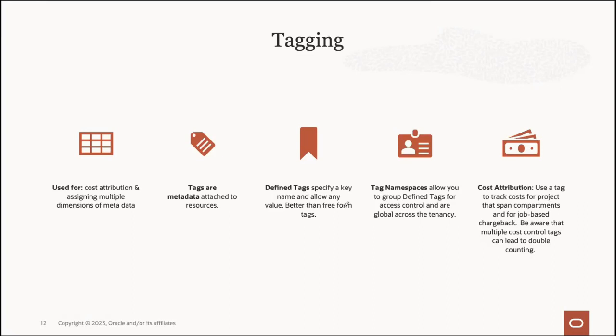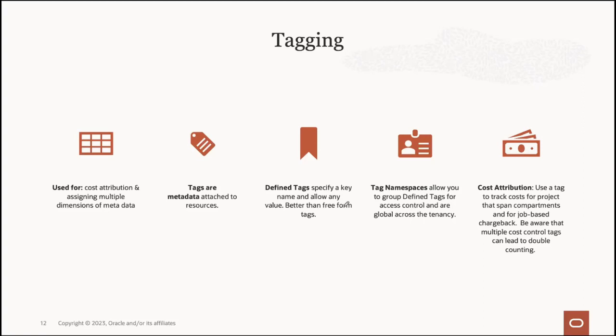Tags are metadata that are attached to your resources. This is going to provide you information of maybe who created what at what time, because we do have some defined tags with variables.